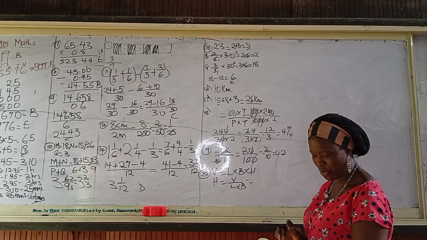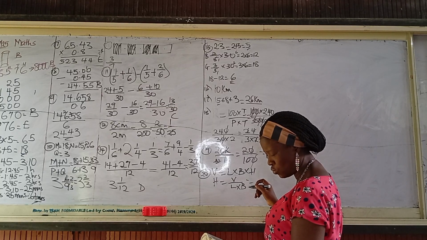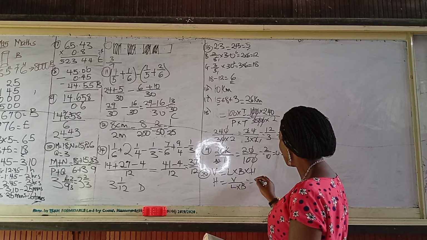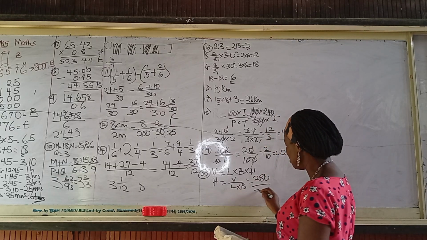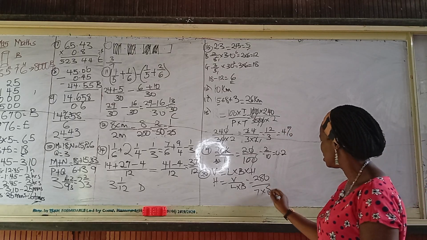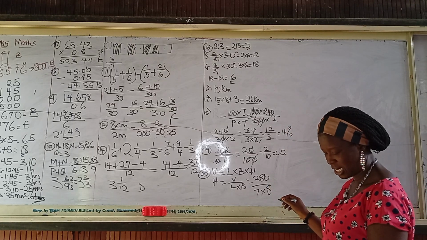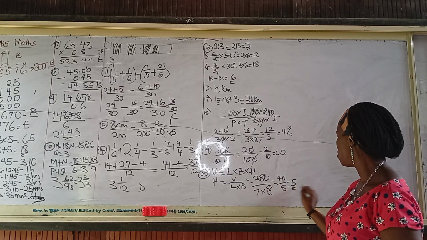The volume from the question is 280 over the length is 7 and the breadth is 8. So you cut this and we get over 8, which is equal to 5.